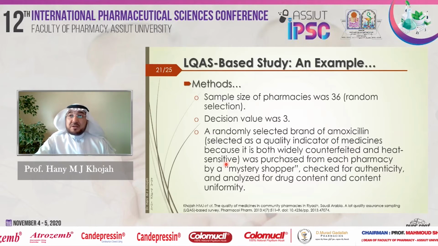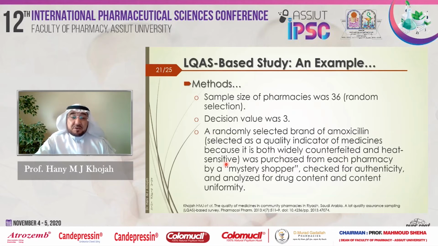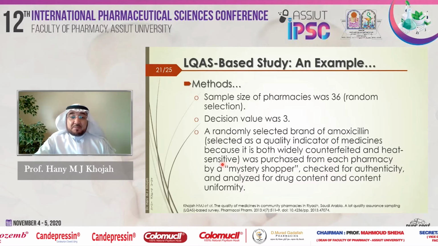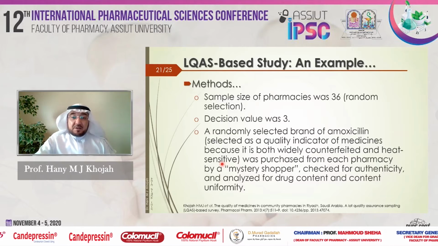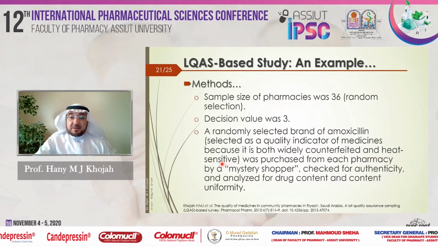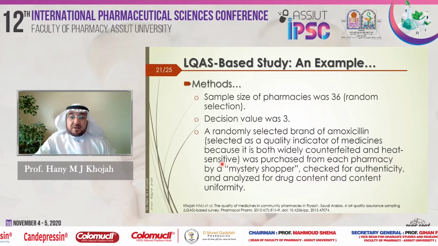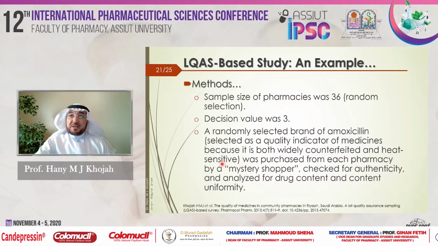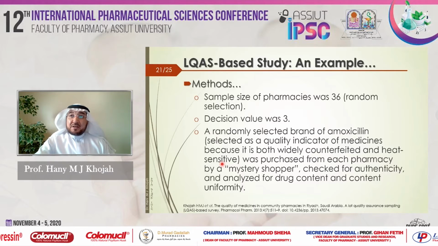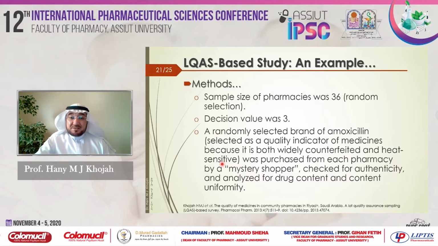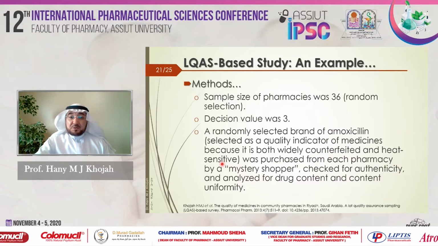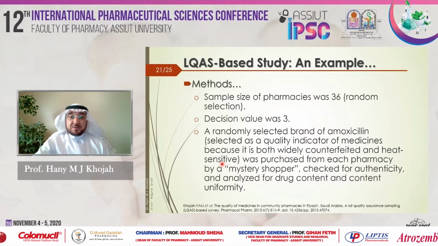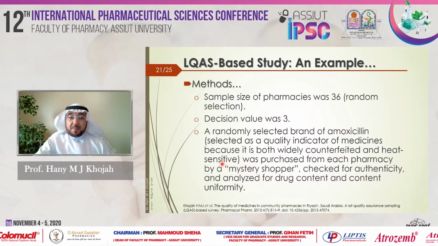So even during bad storage or transportation conditions, the beta-lactam ring may break down, and we can lose the active ingredient. Actually, if it's stored in temperature higher than 30 degrees Celsius, within 1 or 2 weeks, more than 30% of amoxicillin will be destroyed.